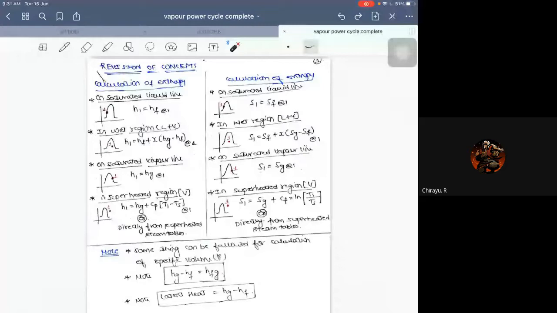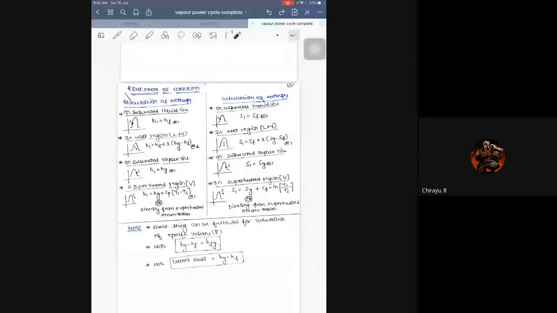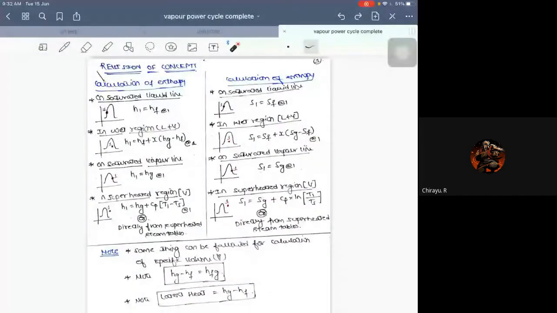How many of you have your steam tables with you? Raise your hands. Very good. Does anyone have the soft copy of the steam table which I have sent while dealing with BTD, the pure substance, while I was teaching you pure substance? Anyone having the soft copy?